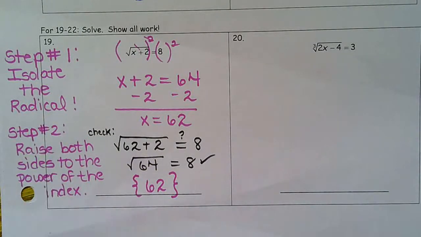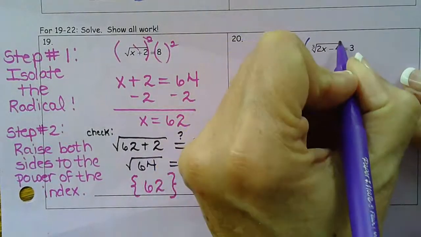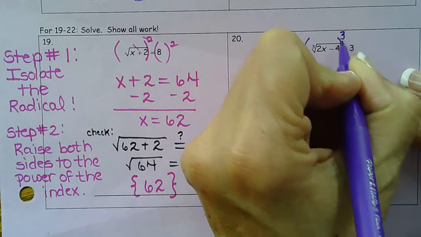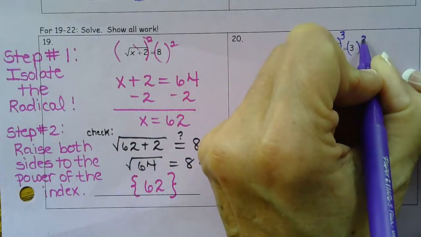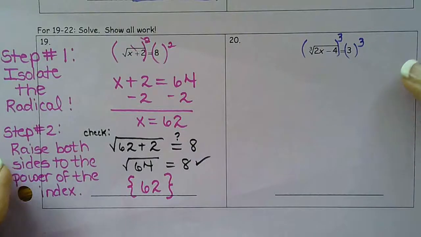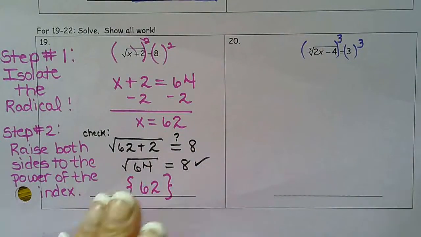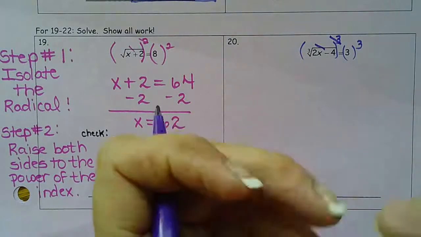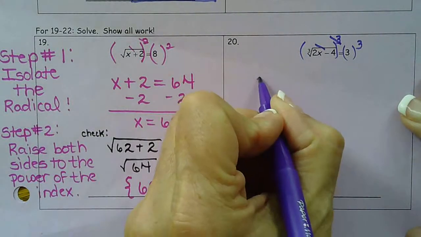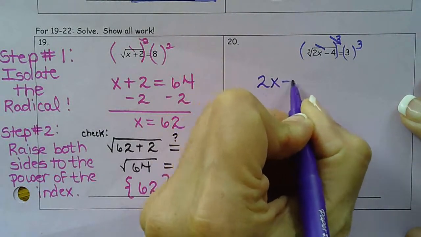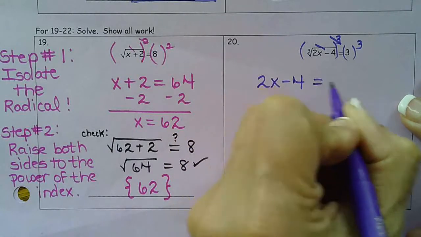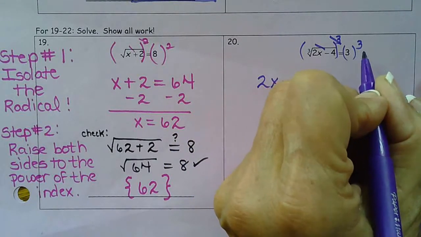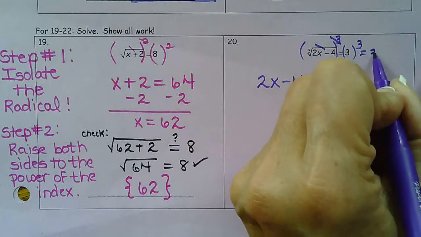So step 2, raise both sides to the power of the index. So power of 3, power of 3. And just like on the last problem, the cube root and cube undo each other because they're opposite operations. So what's under the radical just pops out. And then on the right-hand side, we do 3 times 3 times 3, which is 27.